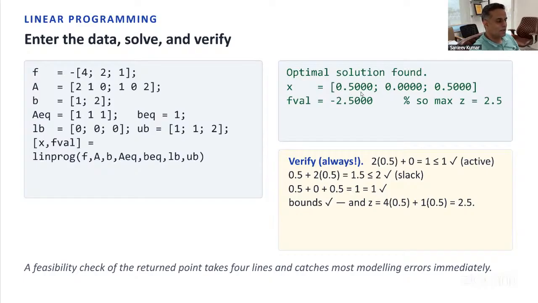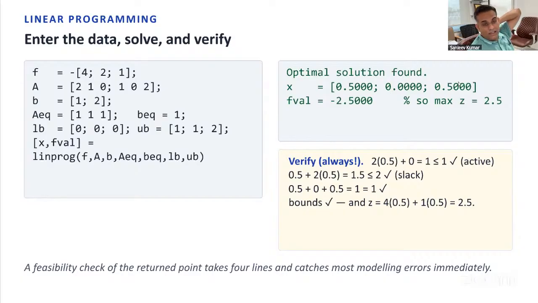So the function has its maximum when x1 is 0.5, x2 is 0, and x3 is 0.5. The function value will come out to be -2.5. But since this works for minimization, minus of that minimum value will become the maximum. So the maximum of z will be 2.5.